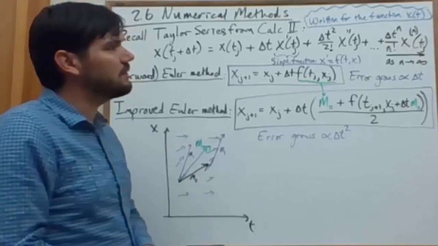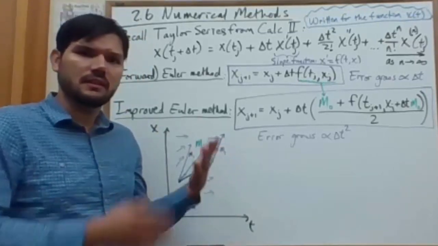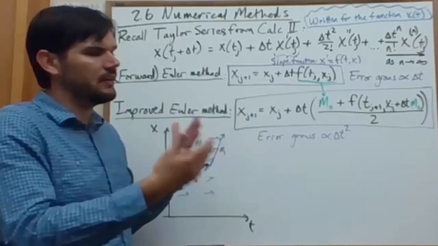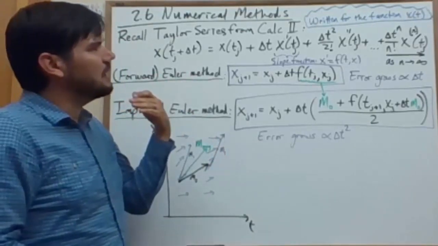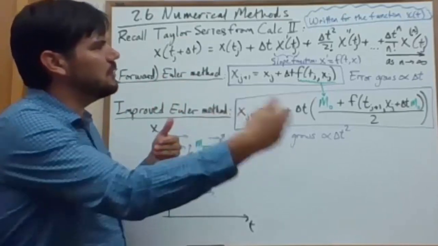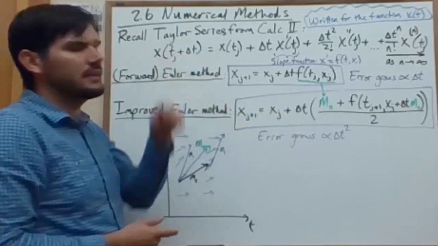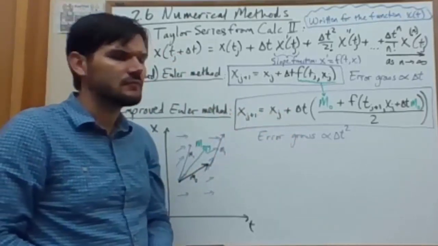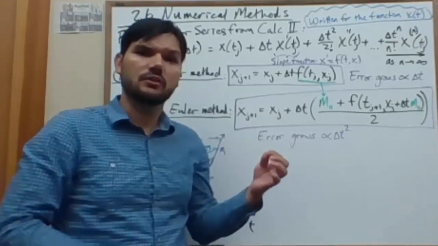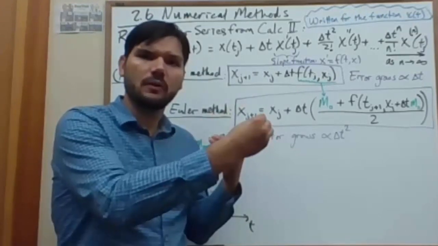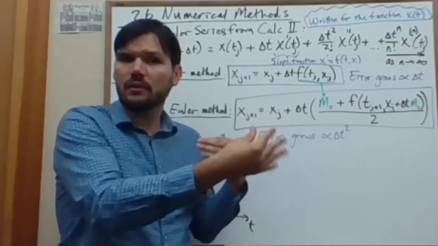Now here I'm going to use the function x of t to represent the t-dependent variable. And then the function of t will be moving away from a certain point, t sub j. So I have a fixed point that I know the function at. I'm going to be moving away from that point and evaluating the function where I don't know it. Okay?